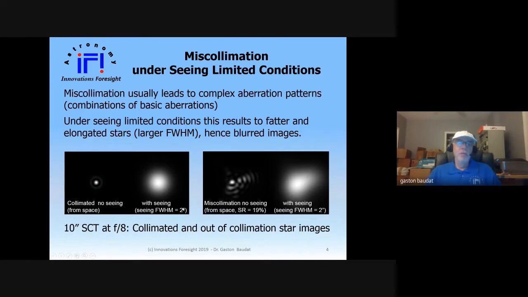But when you add a 2 arcsecond seeing, typical, you get this blob. You don't resolve the Airy disk. But that's the result of a long exposure, like 30 seconds, 1 minute, 7 minutes, of course. If you use an eyepiece and you are a bit skilled, you may see the rings come and go through the variation of the seeing.